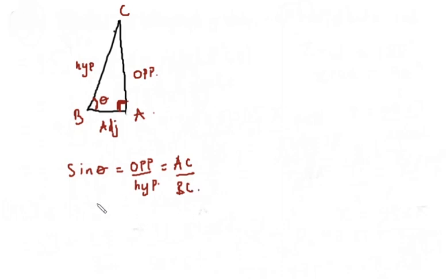If you relate adjacent and hypotenuse, you have cos theta, which is adjacent over hypotenuse, equal to AB over BC.